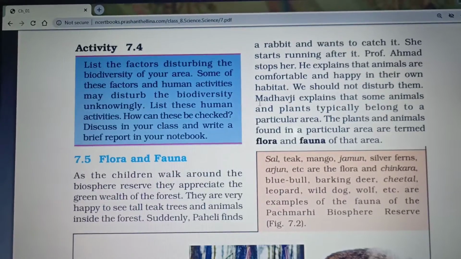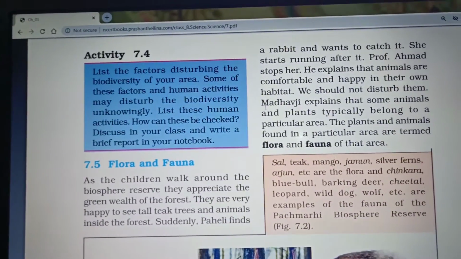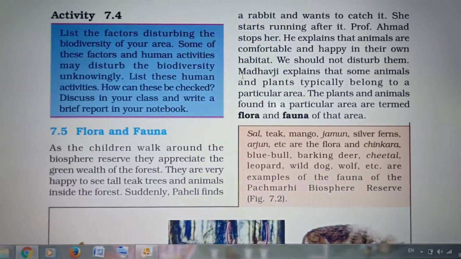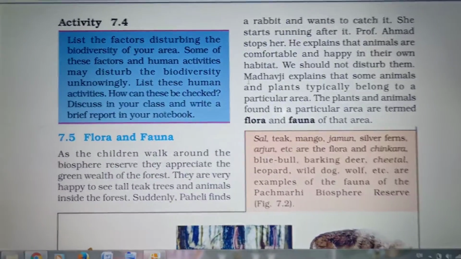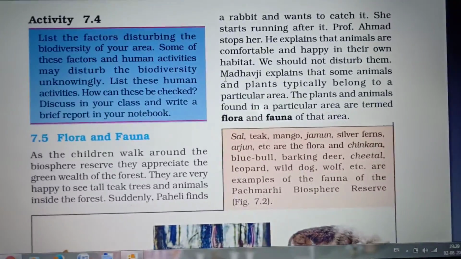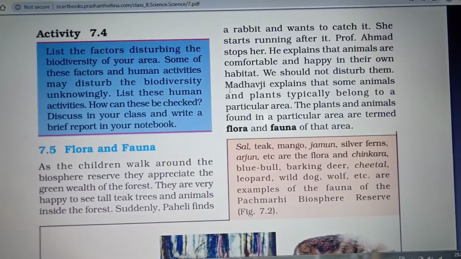And in conservation of plants and animals, how the government has started a few organizations to protect and conserve animals and plants. That is wildlife sanctuaries. We saw about wildlife sanctuaries, national parks, biosphere reserves, and in that biosphere reserve we saw about Panchmari Biosphere Reserve.